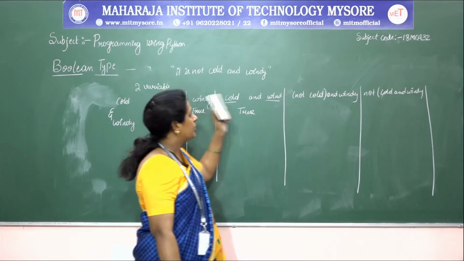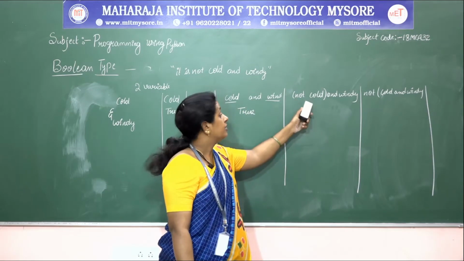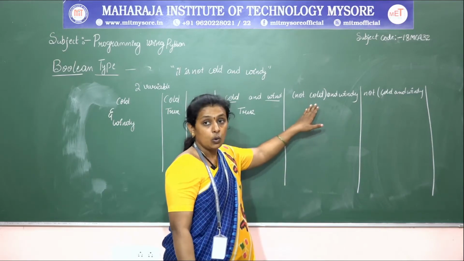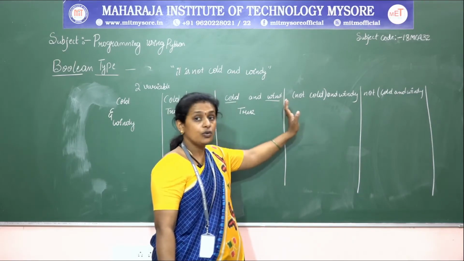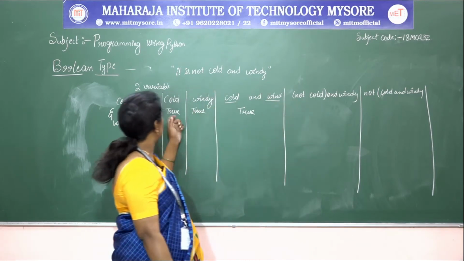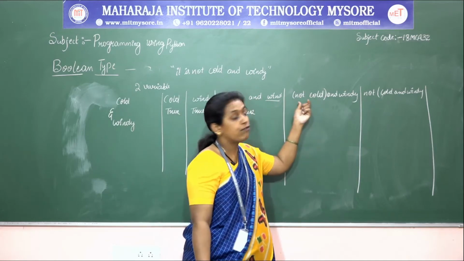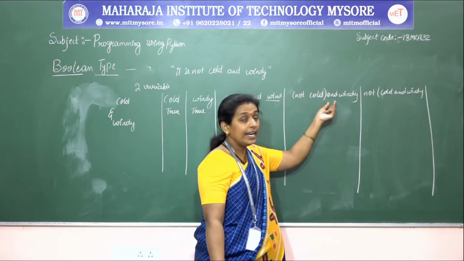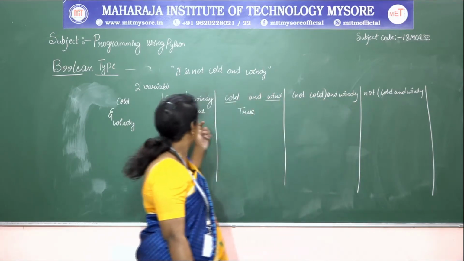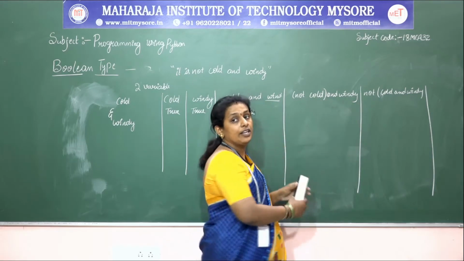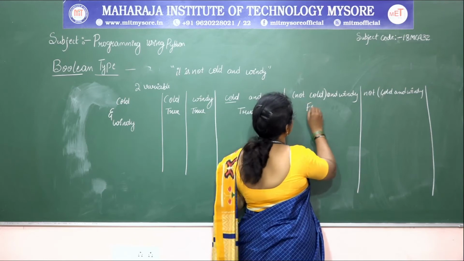Okay. Next, when there is not a cold, meaning we do not have the cold, not cold means the complement of that. The cold value here is true, and not makes it false. So false, and the wind value here is true. False and true, we get the output as false.